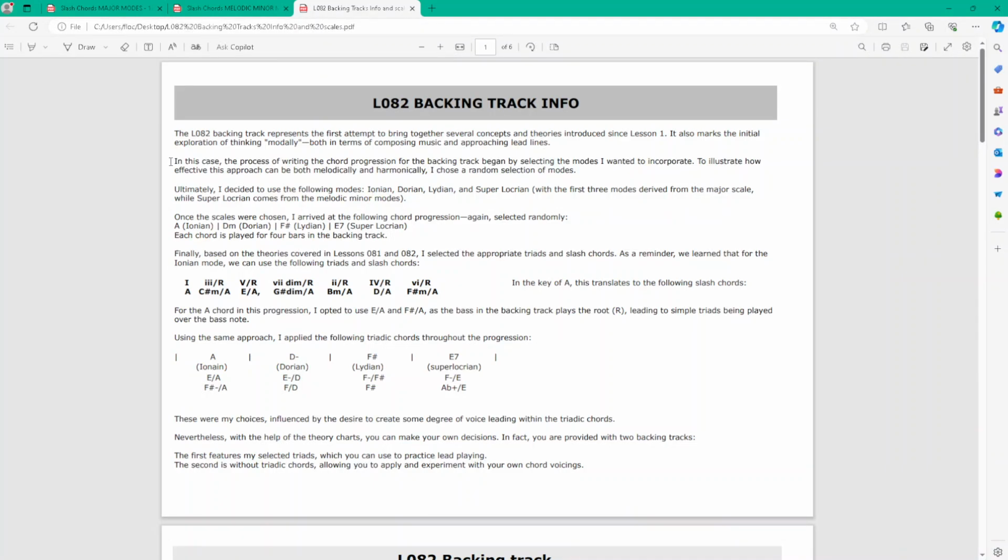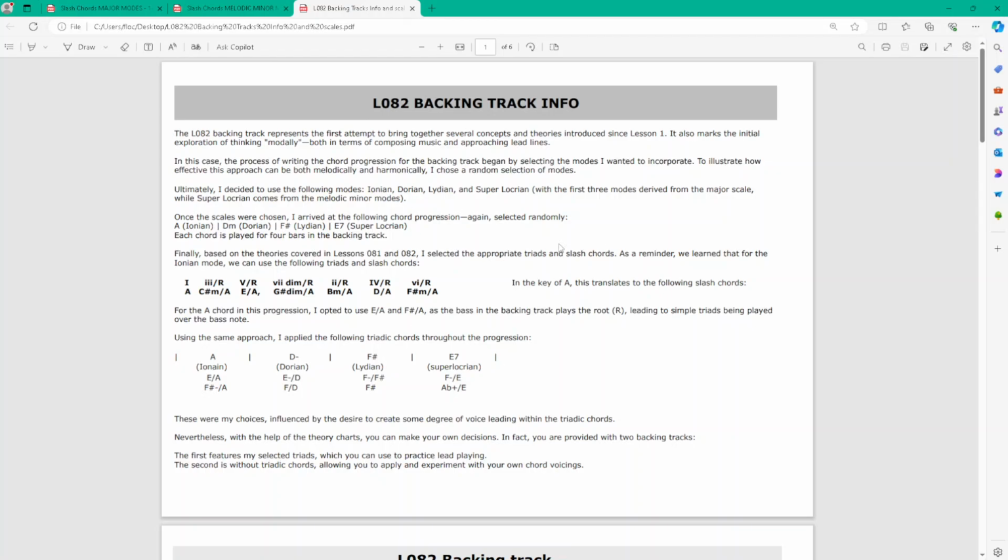Now, let's look at, from a practical point of view, how we can make this musical? And in that sense, you also have an extra PDF that comes with this lesson, which is associated with a couple of backing tracks. The idea behind it is now to create chord progressions based on modal playing, so based on scales that we want to use.